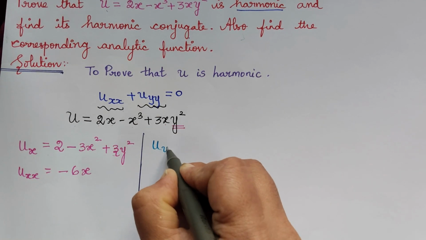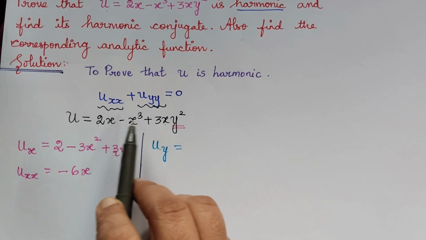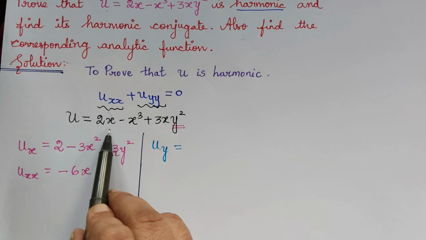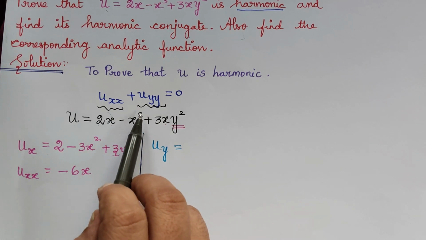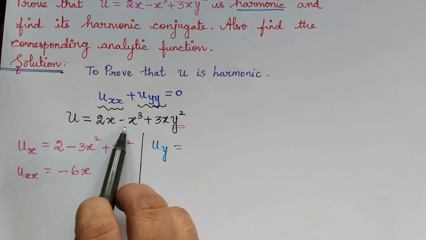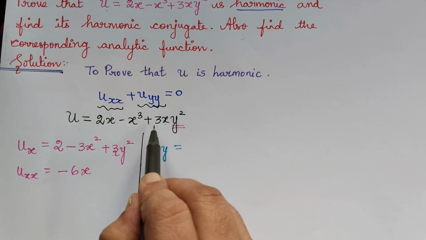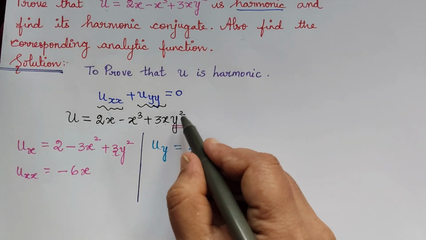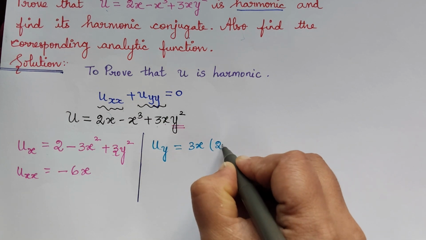So uy is the partial differentiation of u with respect to y. The differentiation of 2x will become 0 as x will be treated as constant. In a similar way, the differentiation of x cube is also 0. Now here 3x is a constant, and when y square is differentiated, we get 2y.